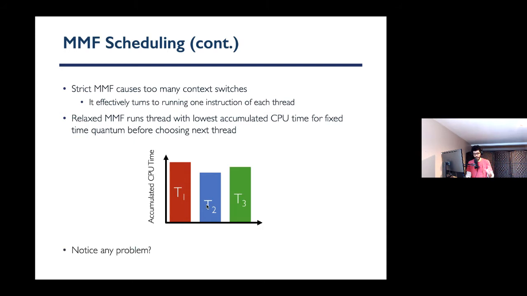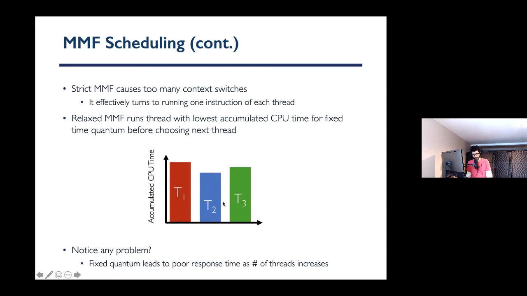So first of all, before actually going there, do you notice any problem here? Well, the problem is that T1 has really poor response time. Let's say that T1 was a game application or a video streaming application.